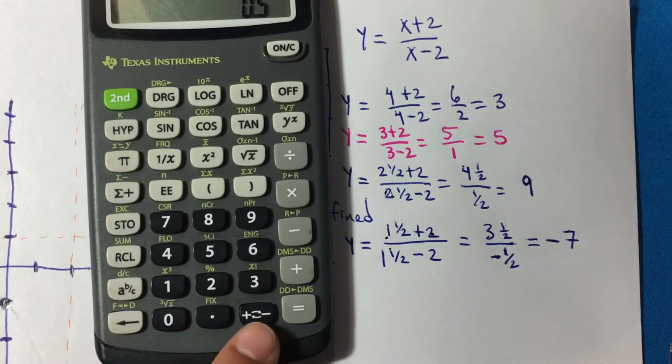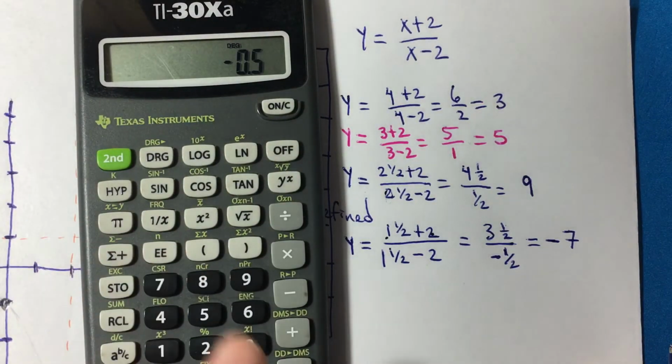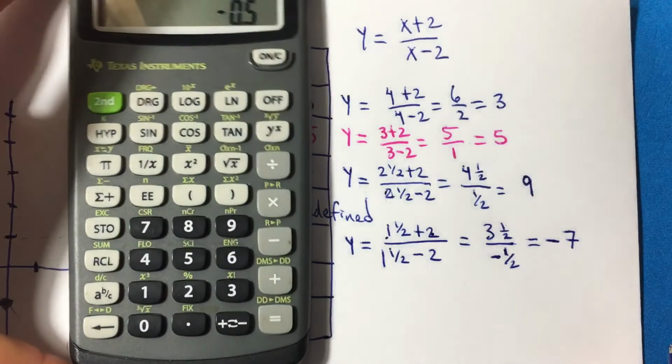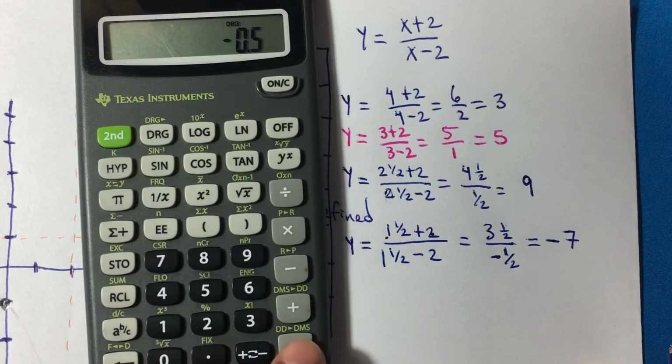This is the symbol for negative. Sometimes they have a negative between parentheses, and you usually put it afterwards. Some calculators, first you put the sign and then the number, but in most of them, you will put the number first, and then you add the sign. And finally, equal -7.